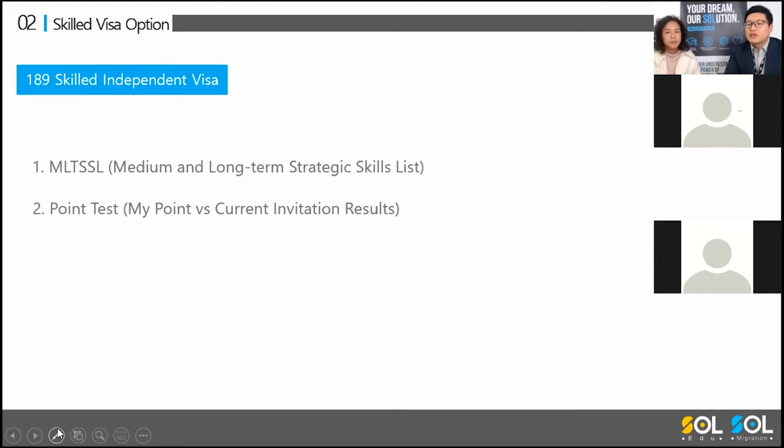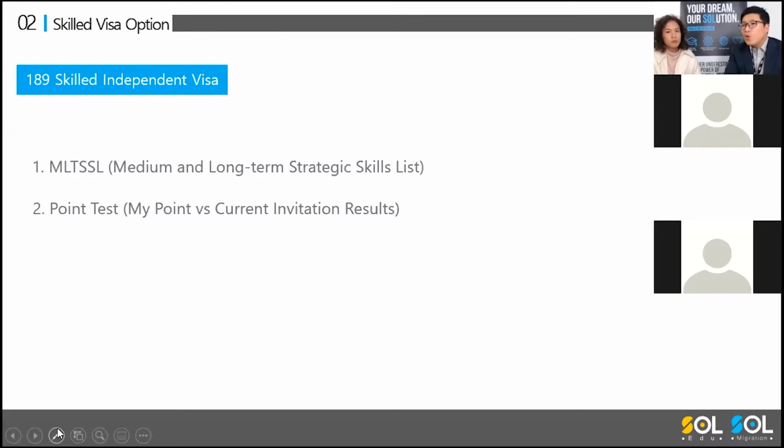So it's very important. If your occupation is under the short-term or other, like the regional occupation list, then you are not eligible to apply for the 189 skilled independent visa. And again, it is based on the point test. You must be aware that the current invitation point is really hard.